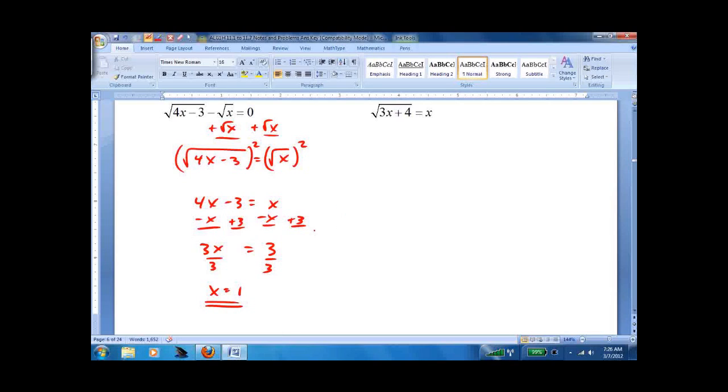Looking at this problem, I'm just going to check it on the fly real quick. 4 minus 3 minus 1. 1 minus 1 equals 0. Check.